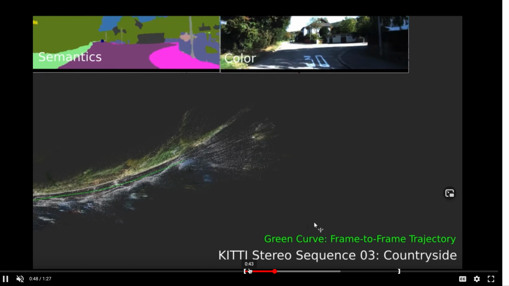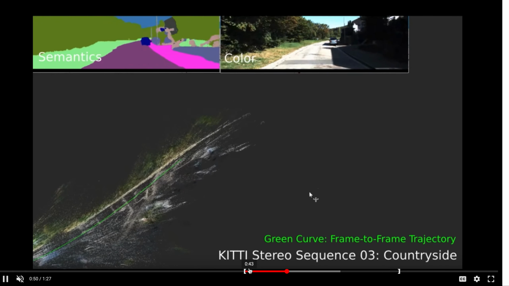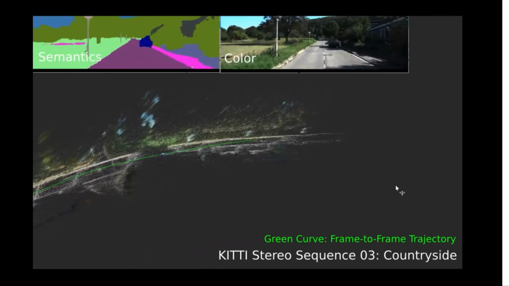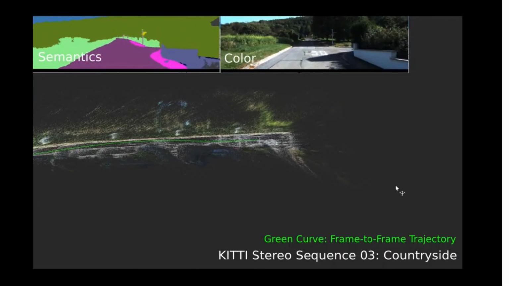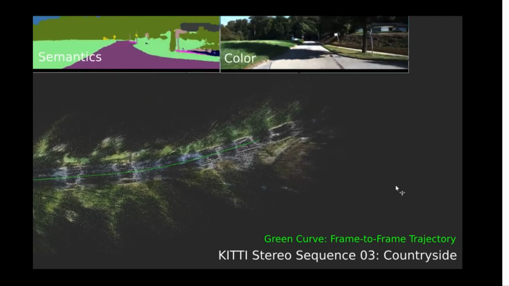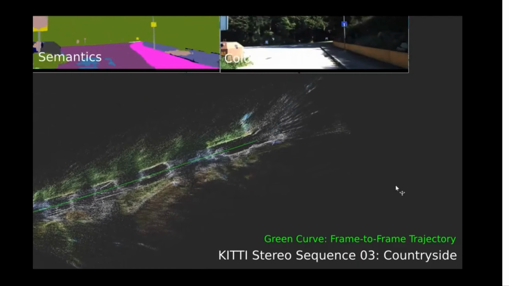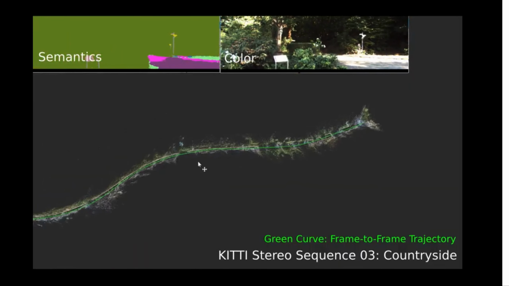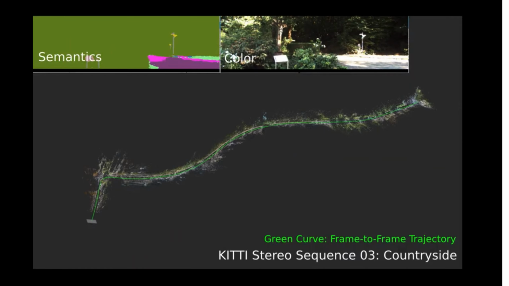And the curve in the middle, in green, is the accumulated trajectory from our frame-to-frame registration. The point clouds are stacked together based on the transformation from our algorithm.